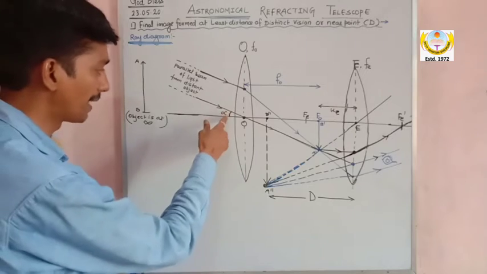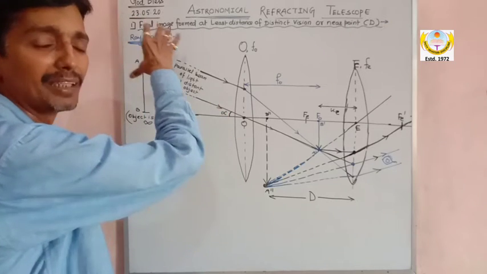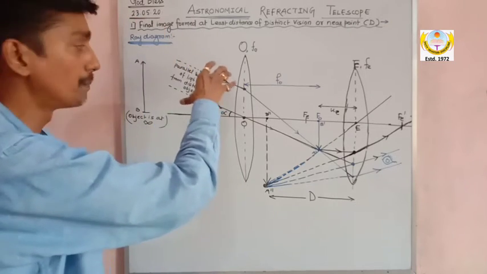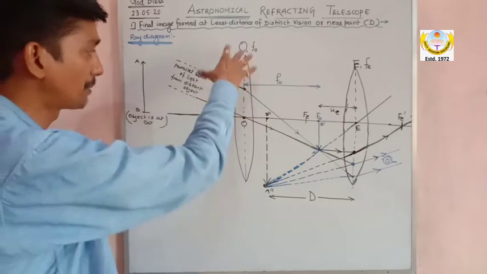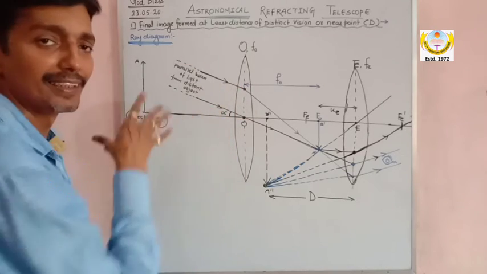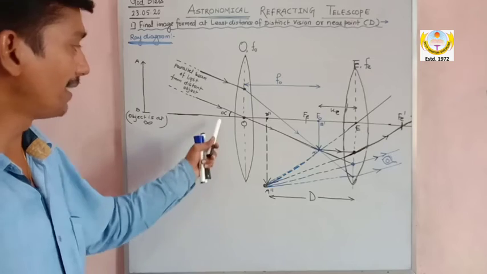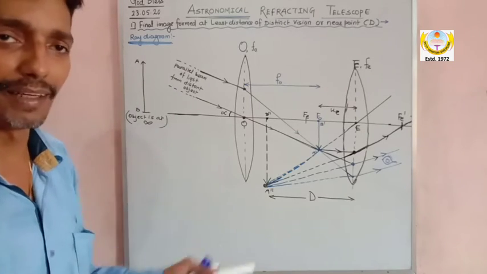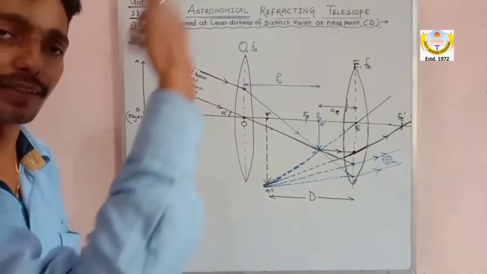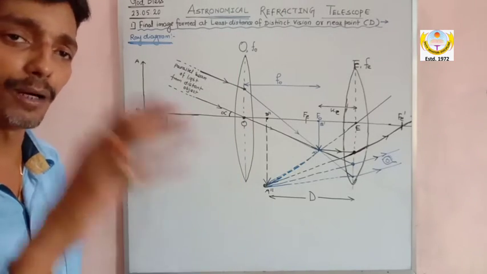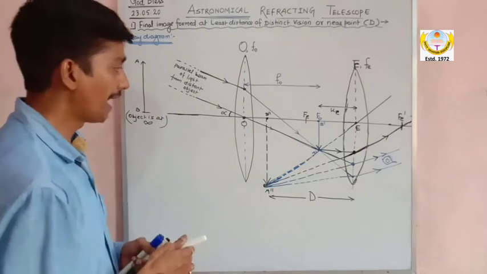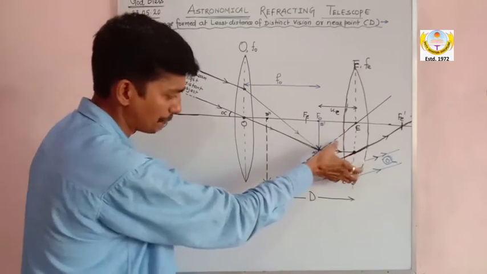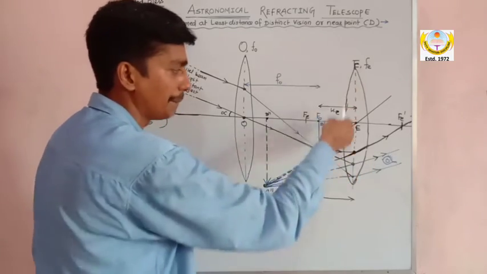Now I hope it is clear that angle alpha, made by the parallel beam of light coming from the distant object, is subtended on the objective lens. You all know alpha is the angle made by the object, but the object is at infinity, and this angle is made on the objective lens. And now here is the final image made by the eyepiece.